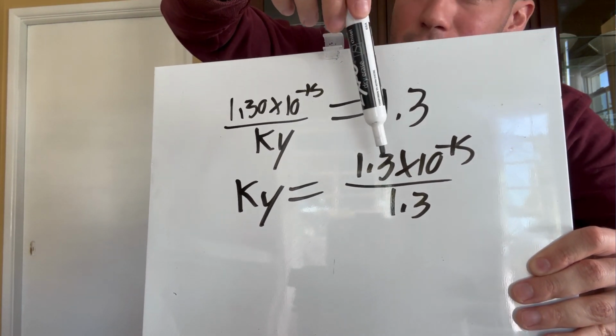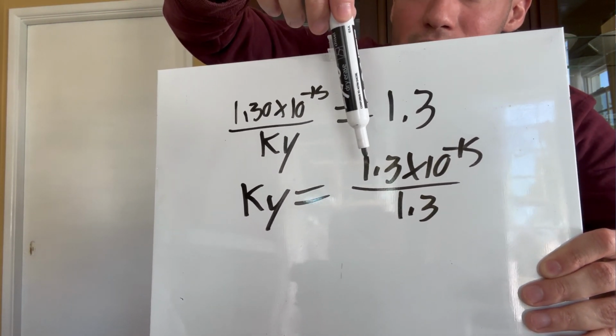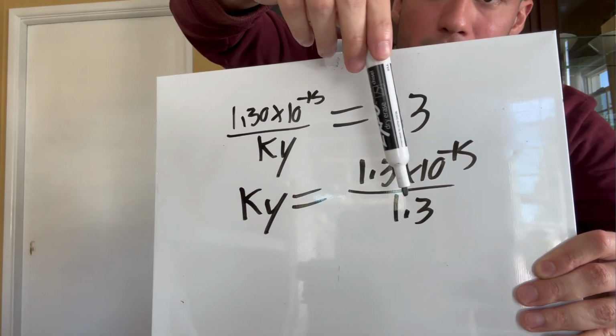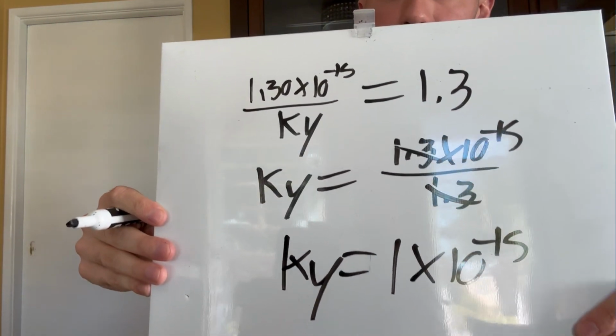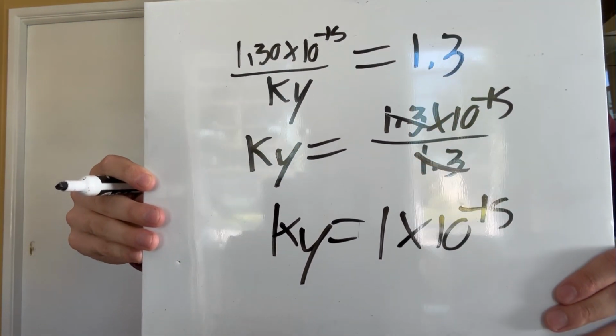So you find out that the numerator is 1.3 and the denominator is 1.3. These guys can cancel out to become 1. So that leads our answer choice to become 1 times 10 to the negative 15th. And that is Ky. Ky is a unitless constant because it's just an equilibrium constant. It does not have any units.